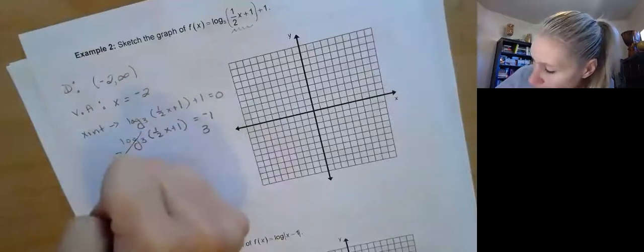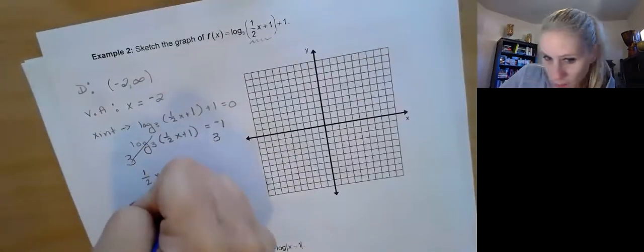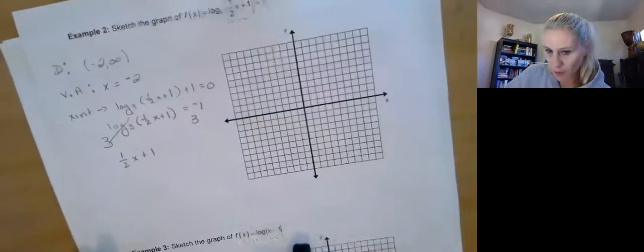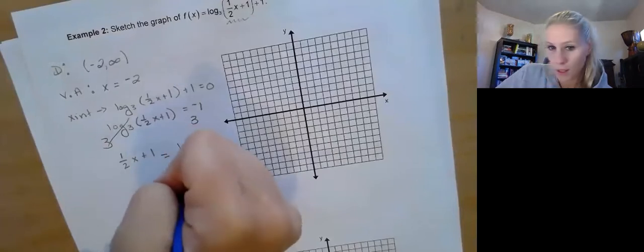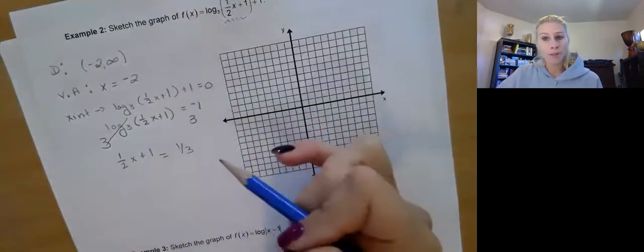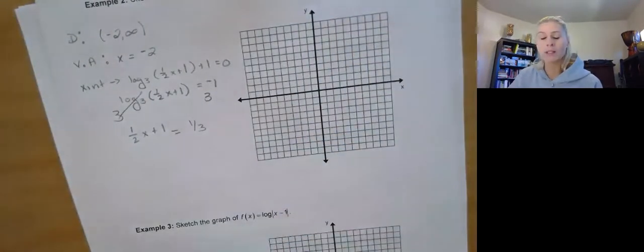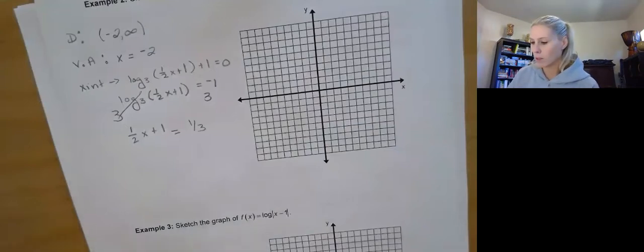All right, so we're left with, on the left side, 1/2 x plus 1 equals 1/3. Because remember that negative exponents mean fractions, not negative numbers. And you can check that on your regular calculator if need be. I actually have no calculators around me right now because I want to make sure that I'm practicing with that one.